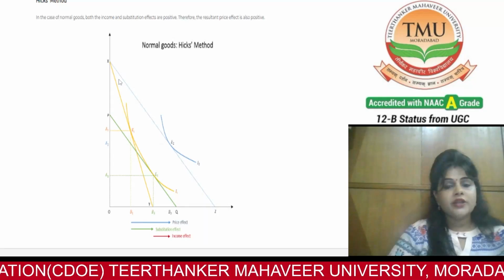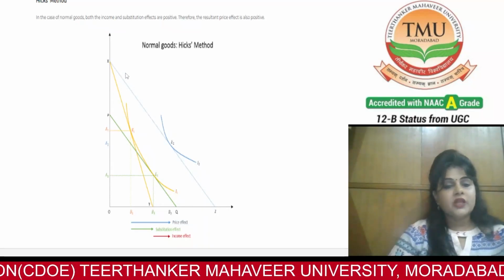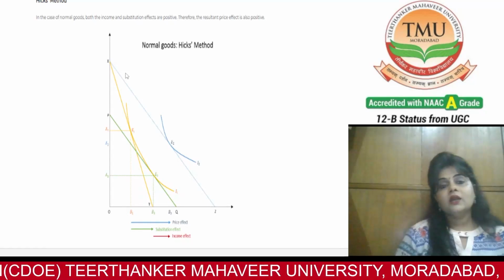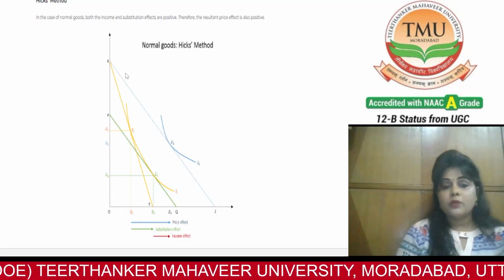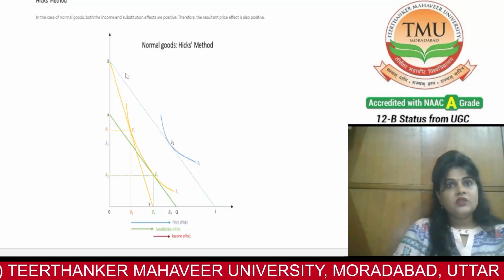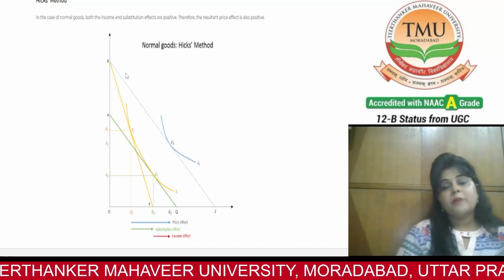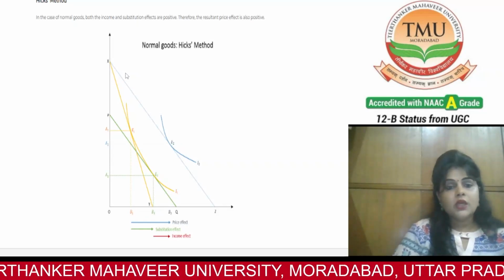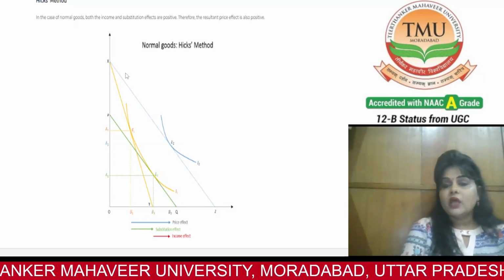The change in quantity demanded occurs only due to the substitution effect. You have to remember it: we reduce the income level, which had increased due to the decrease in the price of the X good.